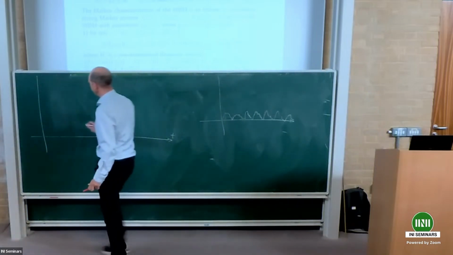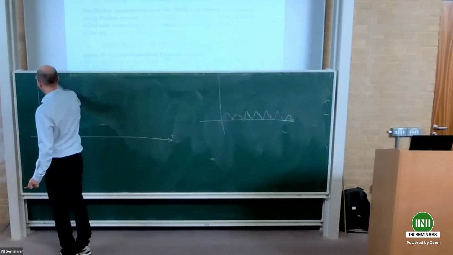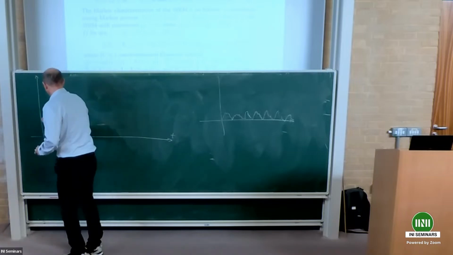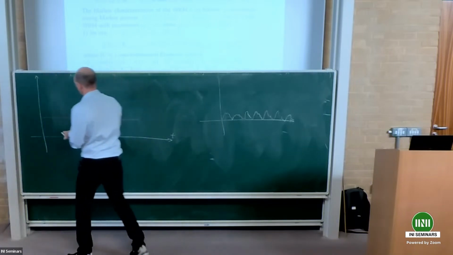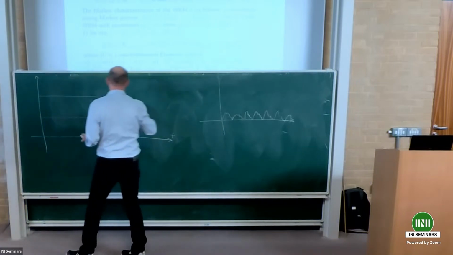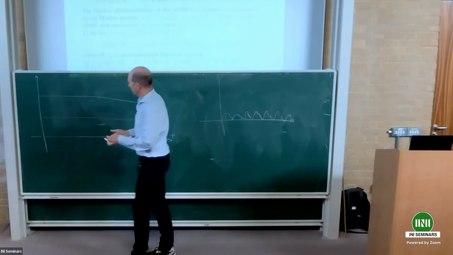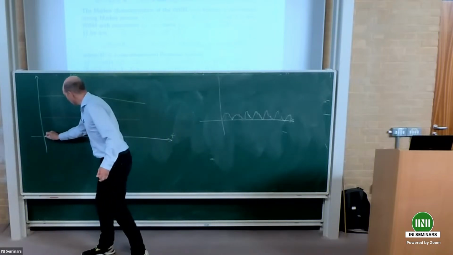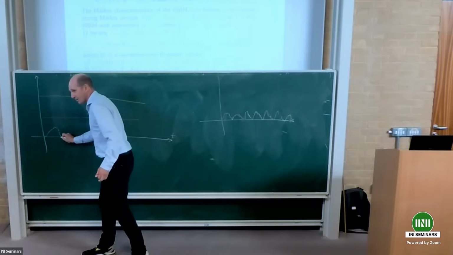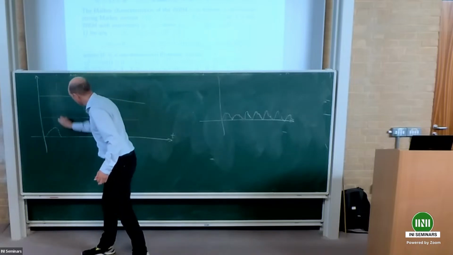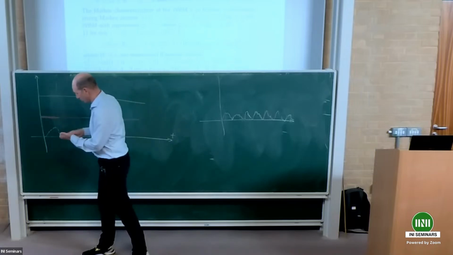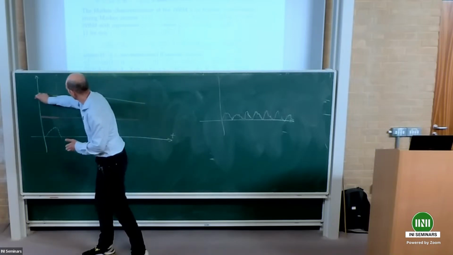So this is time. This is space. And okay, assume that the first excursion is white. Then the red coordinate is 0, the yellow coordinate is 0.